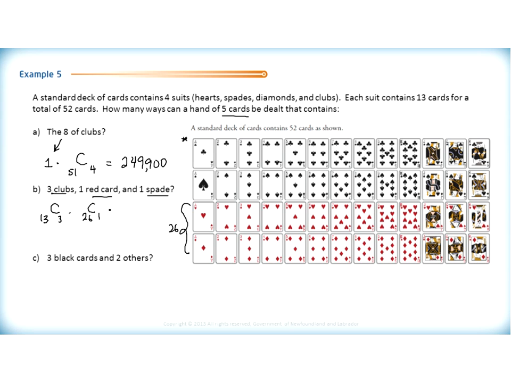Times, how many ways can I choose a spade? There are 13 spades in the deck, and I need to choose one of those. So I choose 3 clubs from the 13, 1 red card from the 26, and 1 spade from the 13. Let's see what the product is.